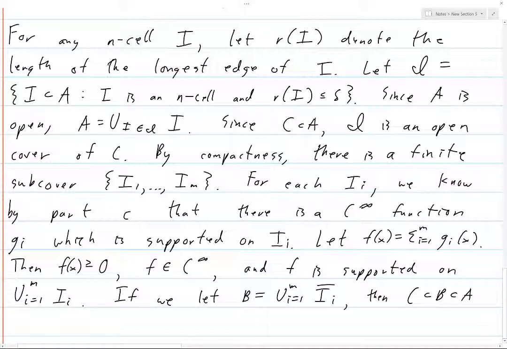So then this is true, and f is equal to 0 outside of B. This is because f is equal to 0 outside of the union of the n cells, and the union of the n cells is contained in B, and therefore f is 0 outside of B.